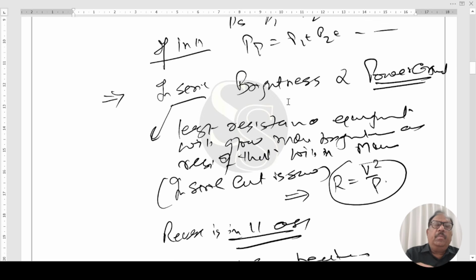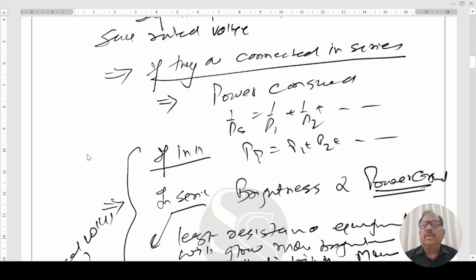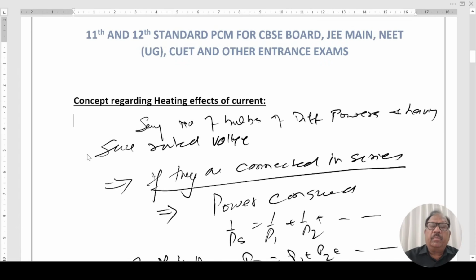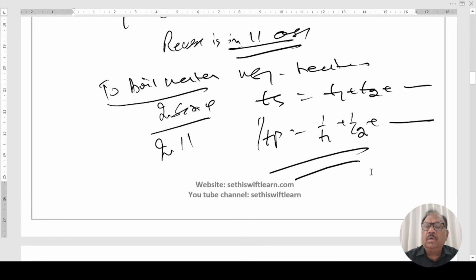In all these things, provided the applied voltage is V. Now let's start with the questions.